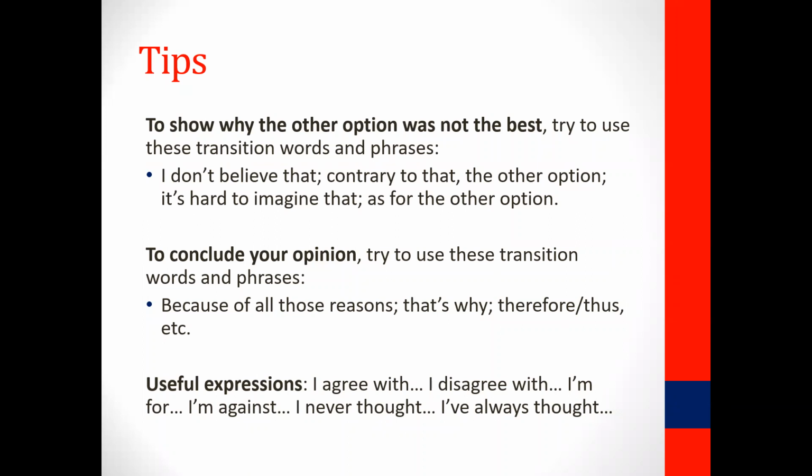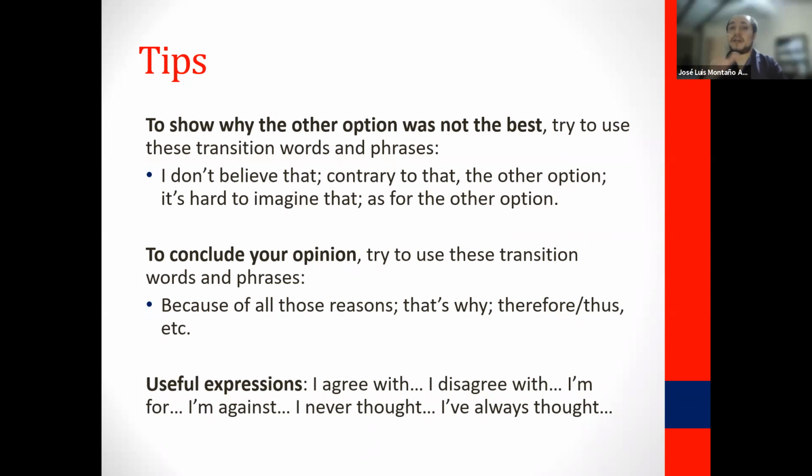Contrary to that, the other option, it's hard to imagine that, as for the other option. To conclude your opinion, try to use these transition words and phrases. Because of all those reasons, that's why, therefore, thus, etc. Useful expressions. I agree with, I disagree with, I'm for, I'm against, I never thought, I've always thought. Thank you very much. Good.